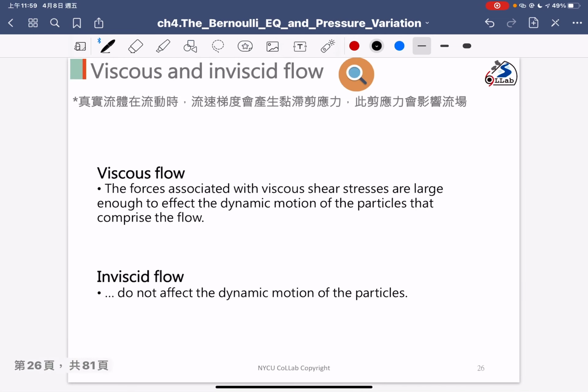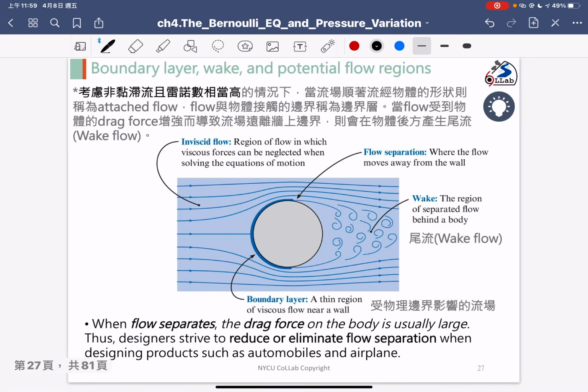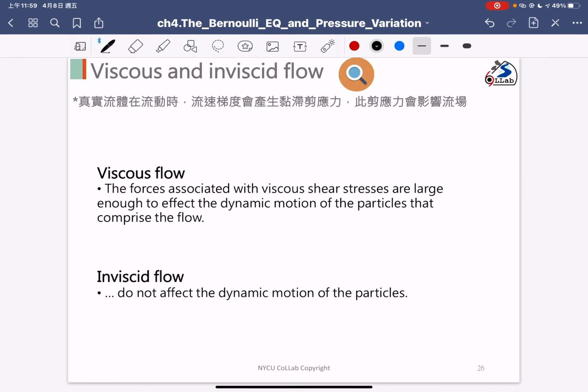So the final one is viscous flow and inviscid flow. As we said before, if we call it viscous flow, that indicates mu is large, so we have shear stress in our problem.